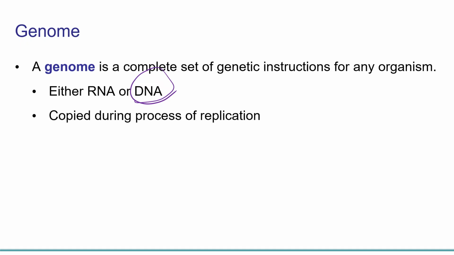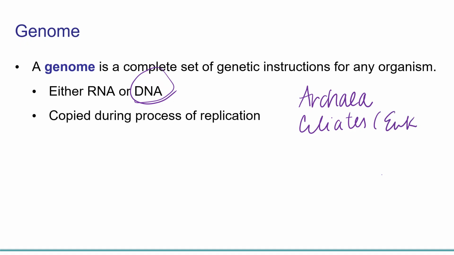However, there are a couple of organisms that have sort of unusual genetic code. Most of our organisms are going to have all of the same codons for expressing their proteins. DNA is going to code for RNA, going to code for protein in the same manner. There are a couple of weird organisms. There are some archaea, which is one of our prokaryotes, that have a different genetic code. Some of their codons code for different amino acids. And then there are a few ciliates, which are eukaryotes.